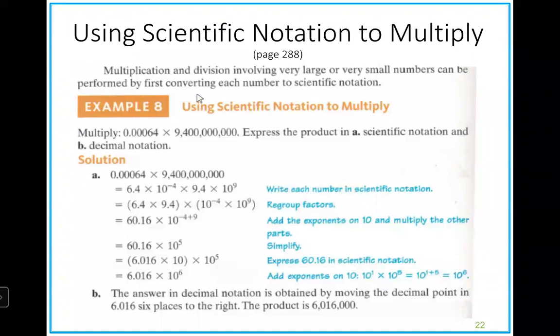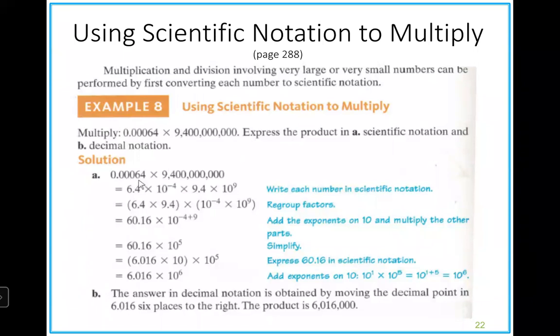In this example, you are asked to multiply 0.000064 times 9,400,000,000. First, they ask you to express them in scientific notation and decimal notation.